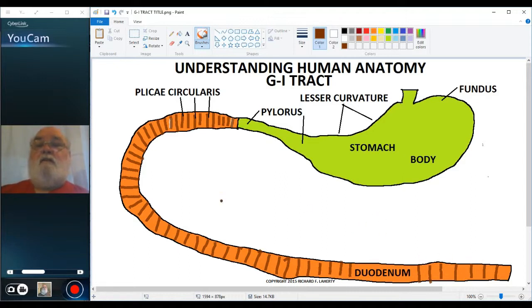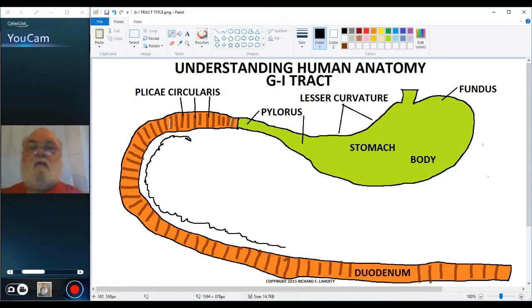Now, sitting in the space here between the two parts of the duodenum and between the stomach and the duodenum is another retroperitoneal structure, a secondarily retroperitoneal structure, and that is the pancreas. So let me sketch the pancreas in. It's lobulated, so its edge is not real smooth.